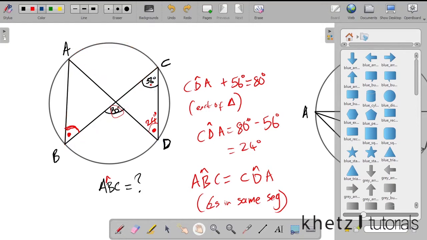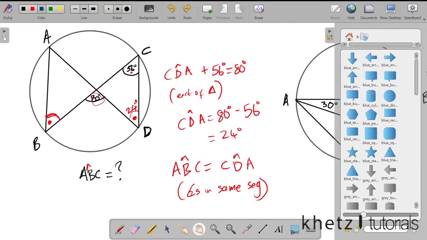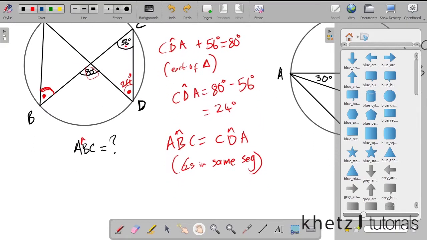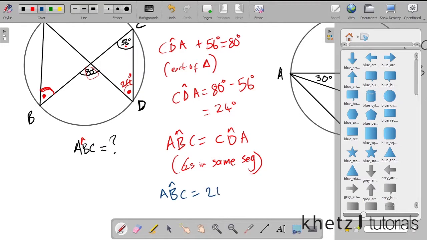The reason would be angles in same segment, or arc AC subtends. And therefore, we finally have our value for ABC, and we can answer the question by saying ABC is equal to 24 degrees, right? And that is our answer for this first question.